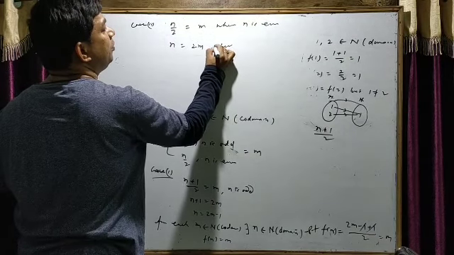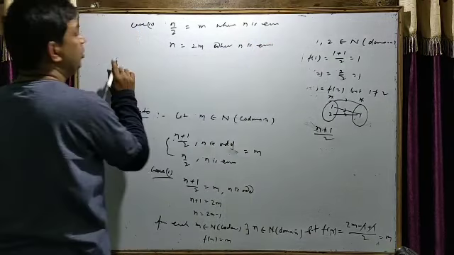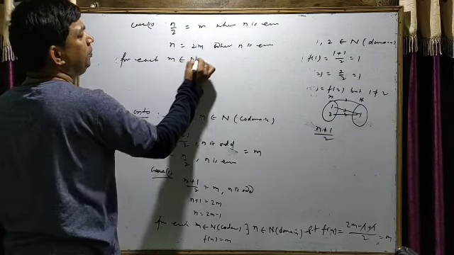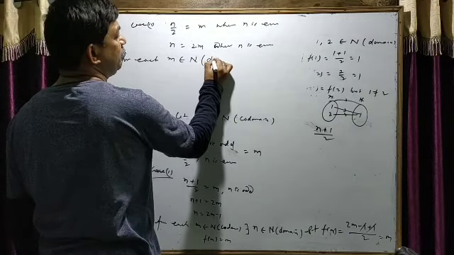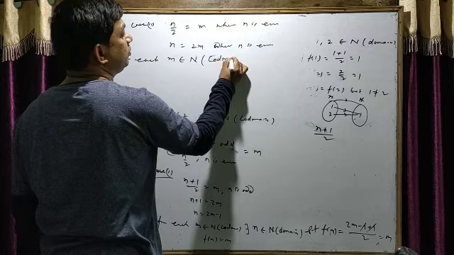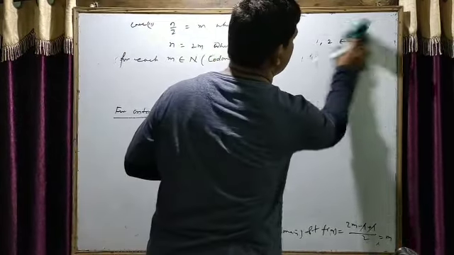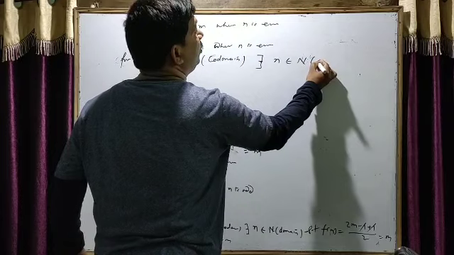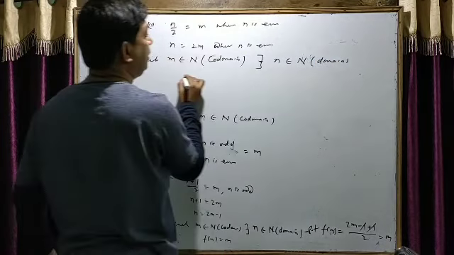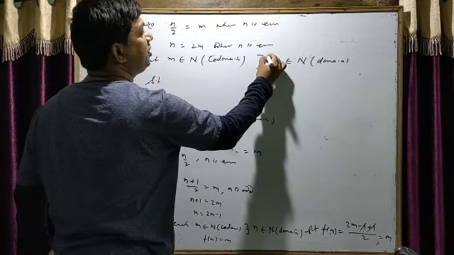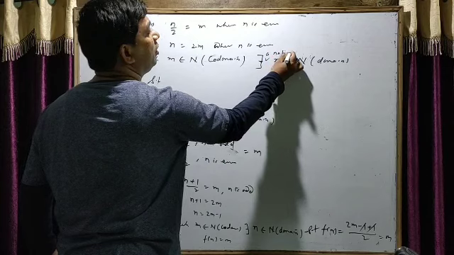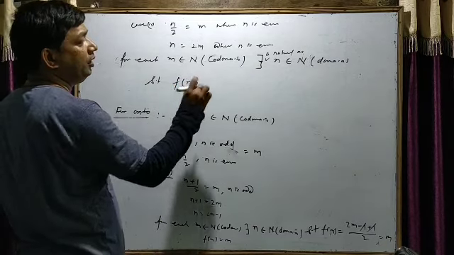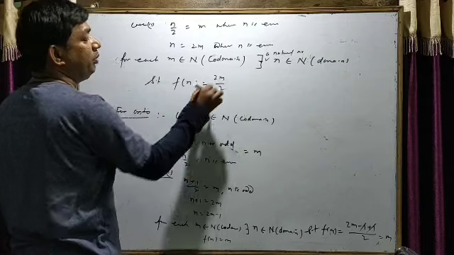So for each m belongs to N, codomain, there exists a natural number n belongs to N domain such that f of n, so what is the value of n? 2m, 2m by 2, this is by definition.